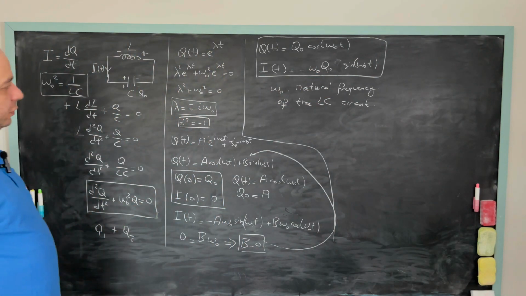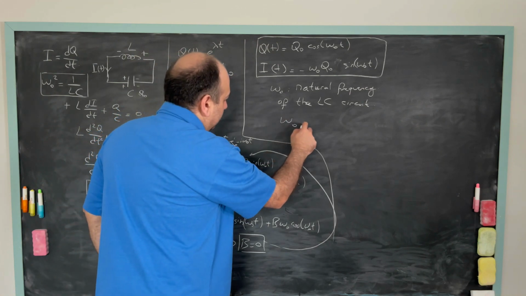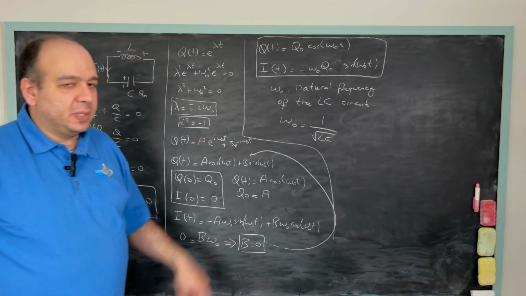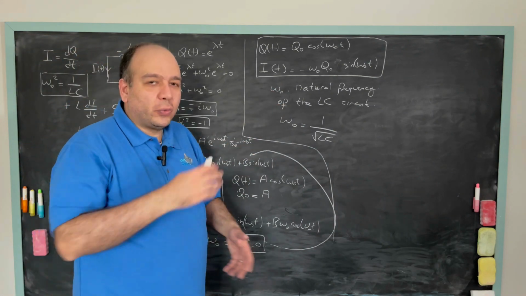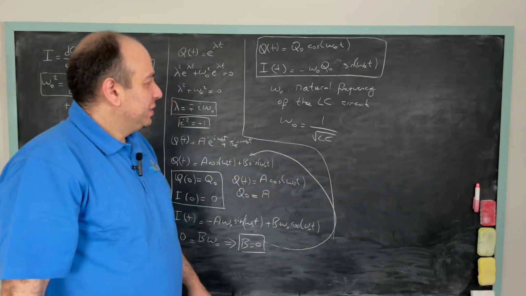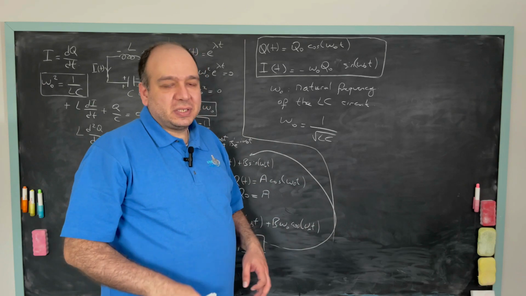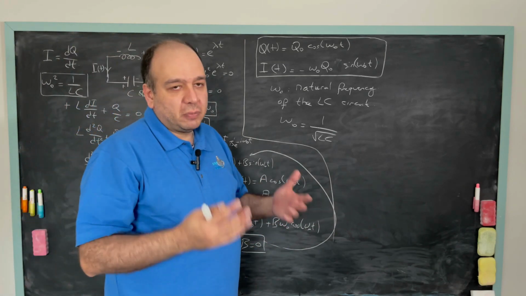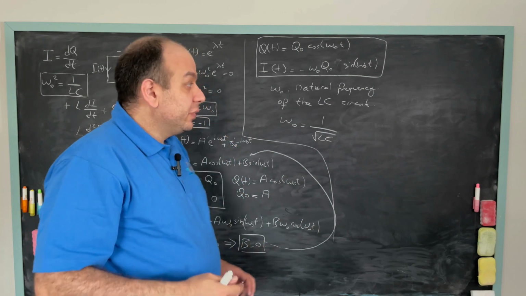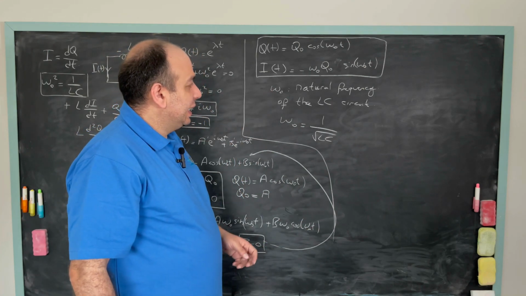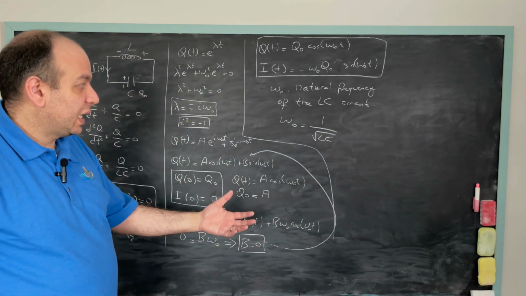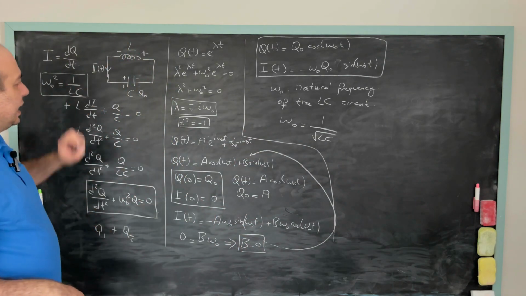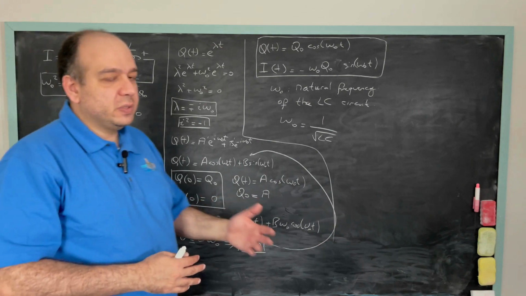Omega naught is equal to 1 over the square root of LC, because we will keep seeing this omega naught over and over when we are dealing with RLC circuits with DC sources or RLC circuits powered with AC sources. So we will keep seeing this omega naught a lot in the future topics. That's why it was crucial to study this LC circuit before we move on.